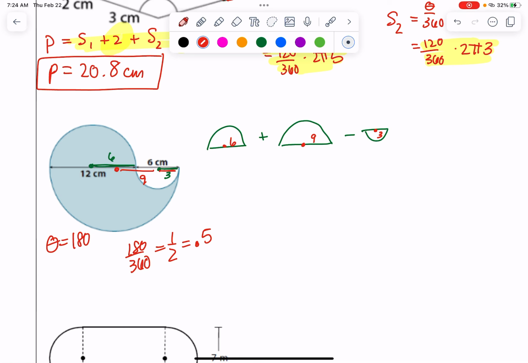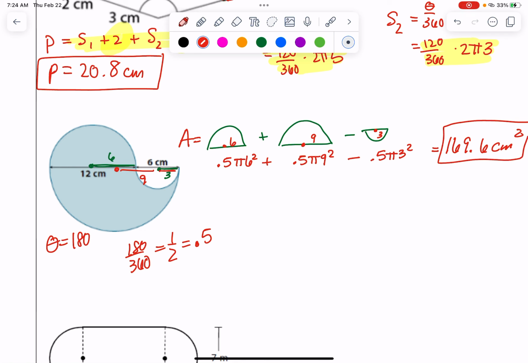So this is 0.5 pi 6 squared plus 0.5 pi 9 squared minus 0.5 pi 3 squared. Now this is for area. So we put all that in the calculator, and that is 169.6 centimeters squared. That's the area.